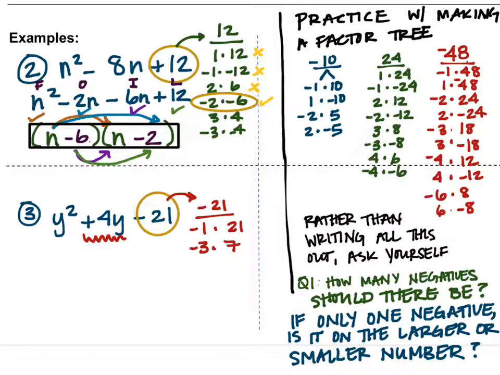The next step is to indicate which factor is going to add to that positive 4. And in fact, it's going to be the negative 3 plus the positive 7. So I want to go ahead and circle the factor pair that works.